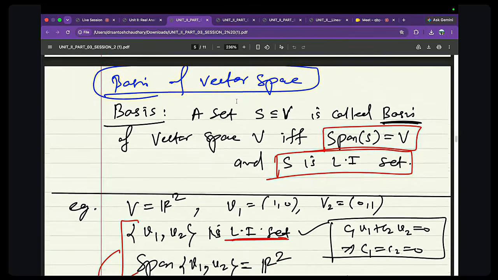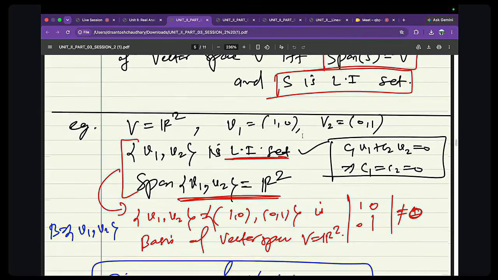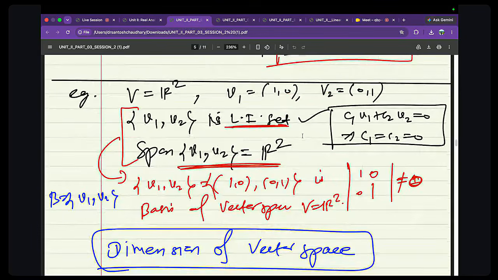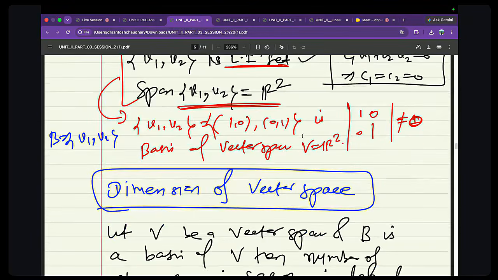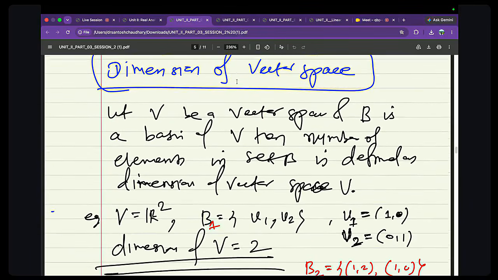Then what is the basis? A set S is a basis of a vector space if and only if span S should be V and S should be a linearly independent set, which you have seen. Here v1, v2 in the R square vector space will form a basis, and dimension is the number of elements in the basis. So what is the dimension of a vector space?